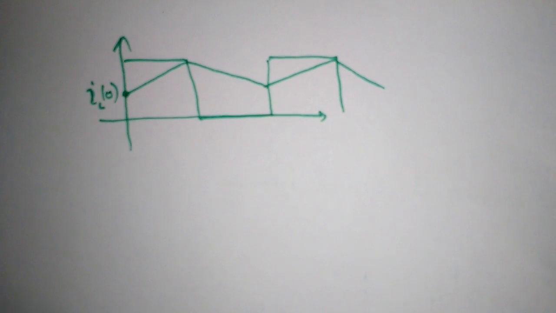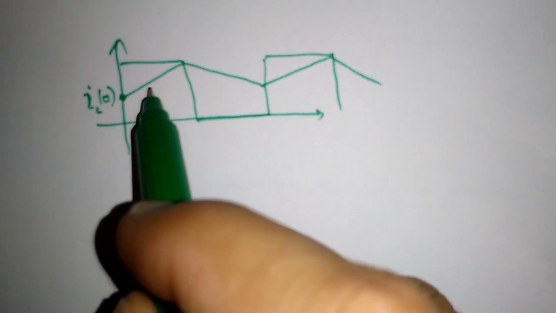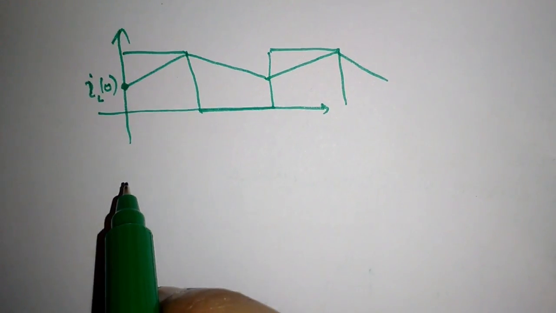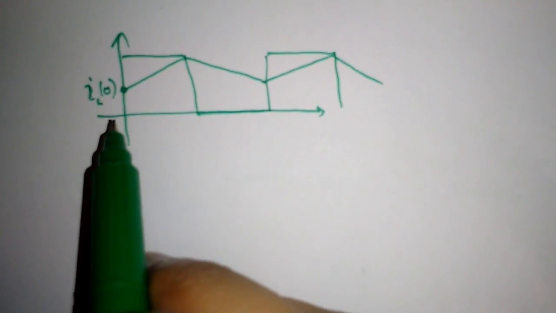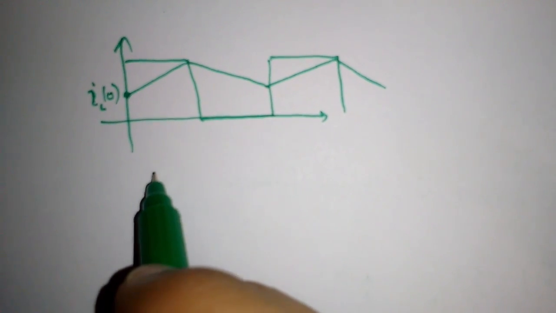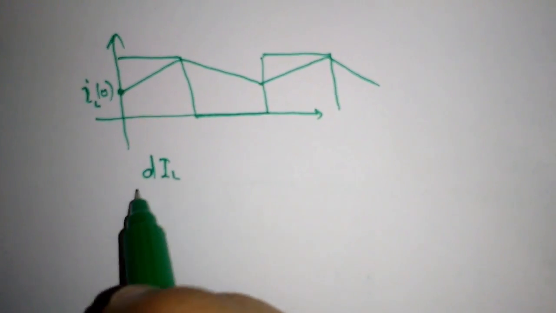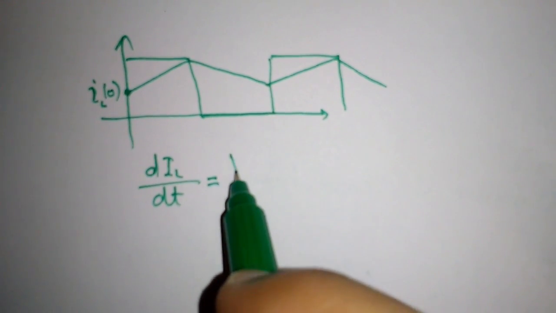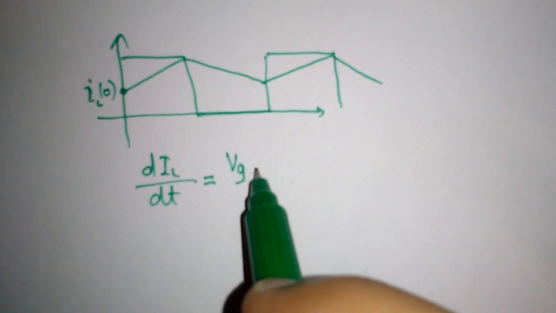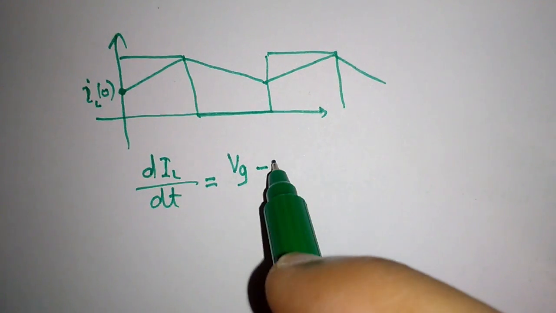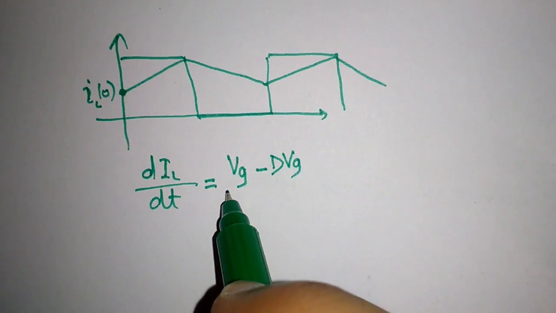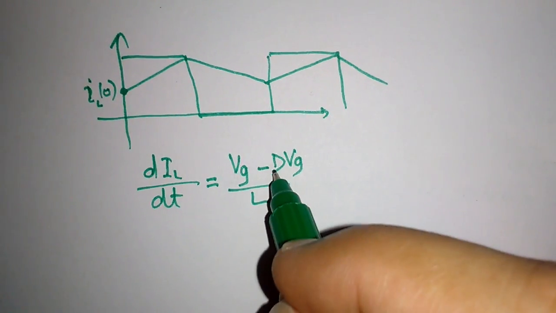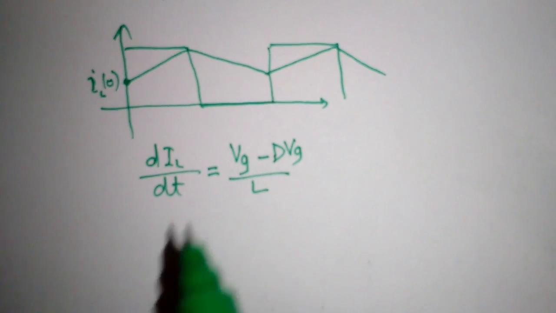And we see that this slope is actually equal to, in our recently derived equation, dIL by dt, that is equal to Vg minus DVg over L. So where does this DVg come from?